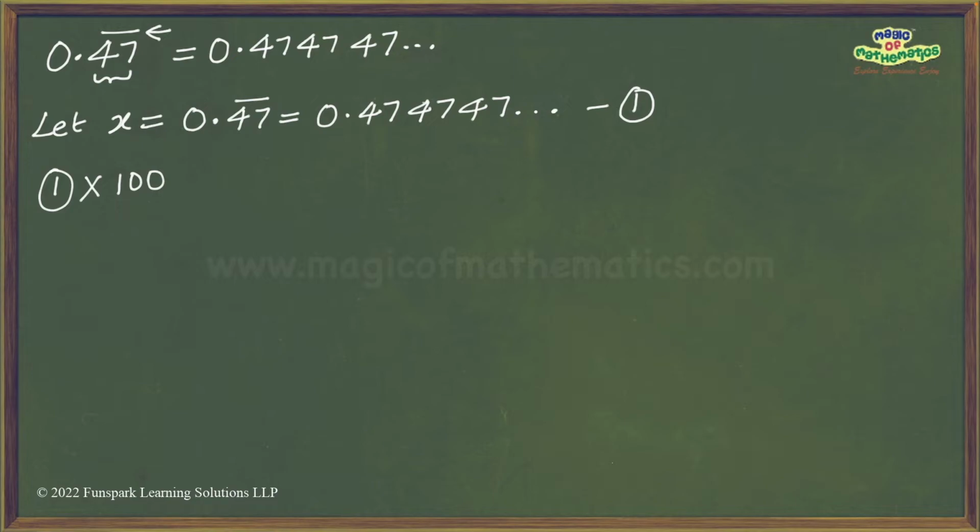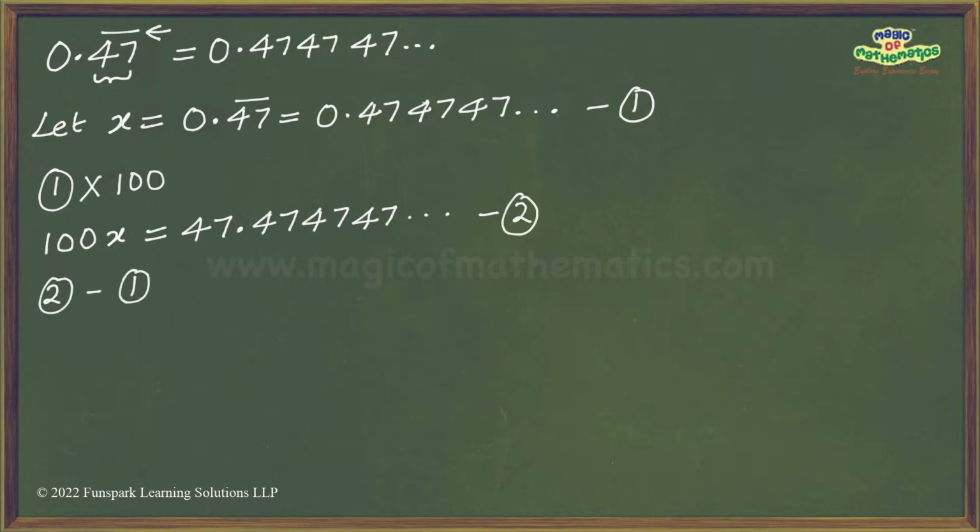On the left hand side, we get 100x, and on the right hand side, we get 47.474747 and so on. I label this equation as 2 and do equation 2 minus equation 1.